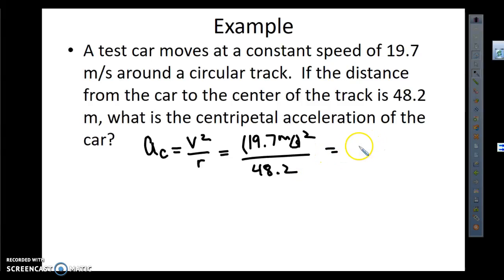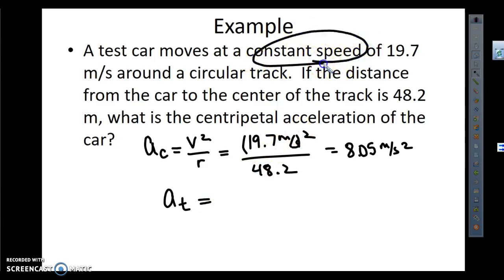We're going to get a centripetal acceleration of, let's see, 8.05 meters per second squared. Now, what's the tangential acceleration here? Well, if there's a constant speed, it's nothing. Okay? So if it is speeding up, then we would have a tangential acceleration, and then we're going to have to take both of them into account.